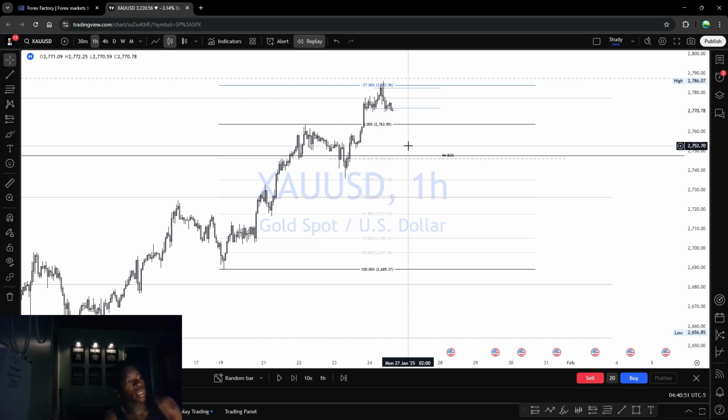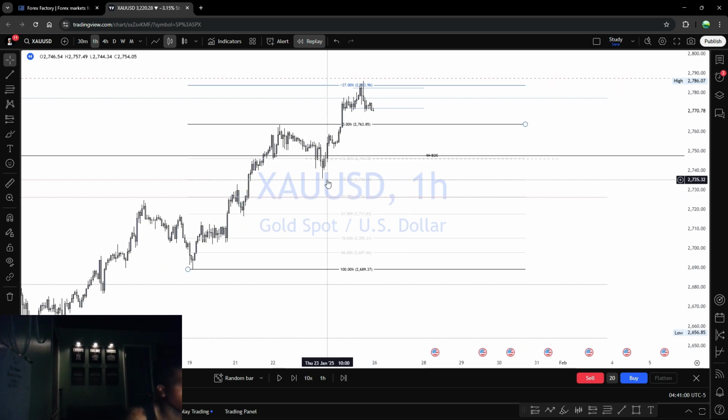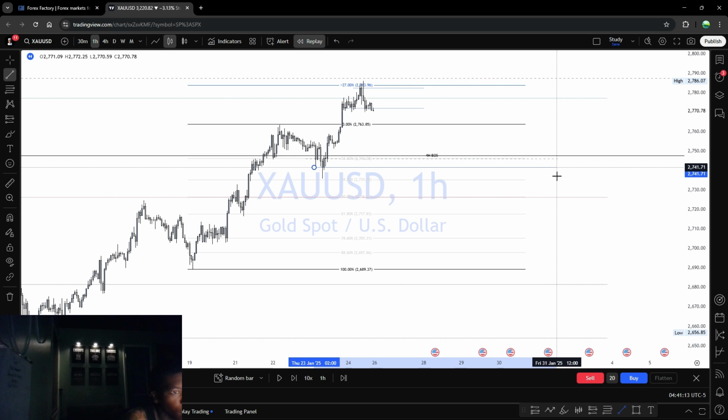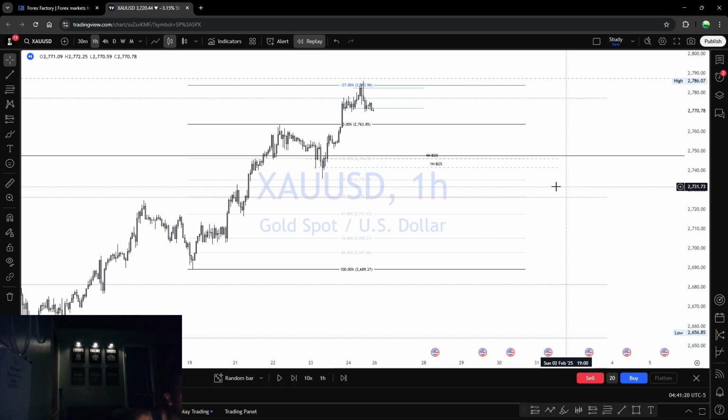The thing is, where could we be taking it? This right here will be your 1 hour breaking structure, and I'm going to stretch this out to this week as well. 1 hour breaking structure, so this is a level to be watching.